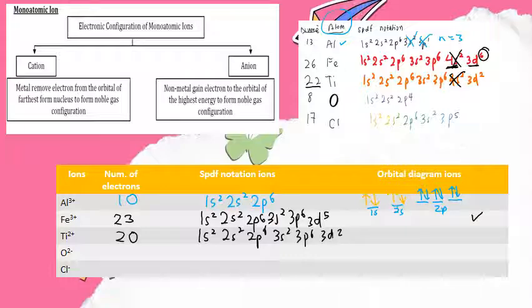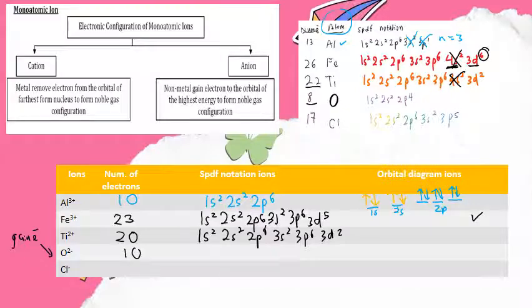Alright. Now kita akan tengok pula dengan oksigen. As you can see here, oksigen charge-nya di sini adalah oksigen 2 negative. It means this oksigen gain electron. Okay, original untuk oksigen, number of electronnya ada 8. Now bila dia gain electrons, number electronsnya akan jadi 10.